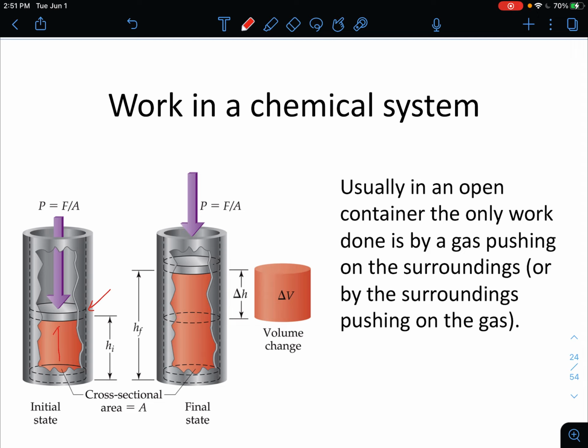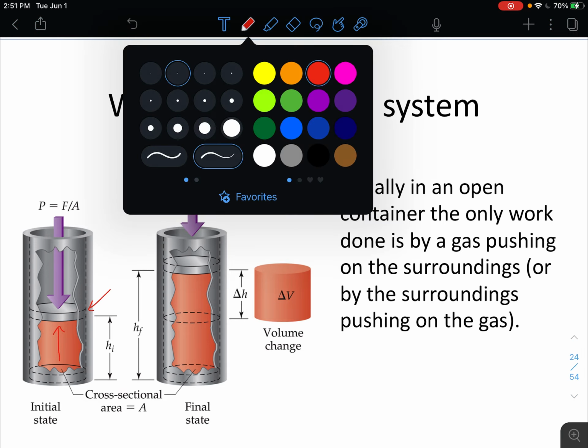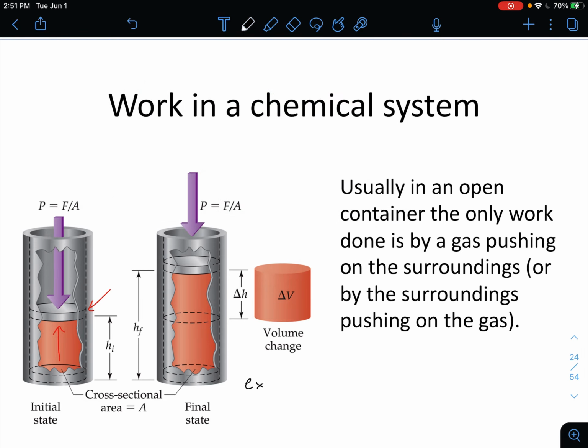In this case, what's in orange or red is our system, and it's pushing outward against the piston. So what we're observing in this particular case is an expansion, right? The system, whatever its gas contents are, is pushing out against the surroundings.